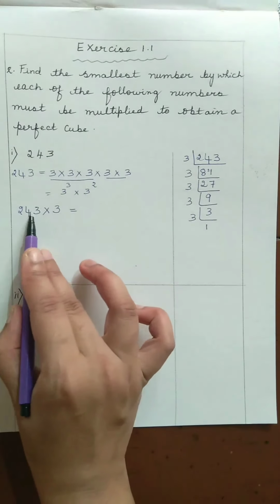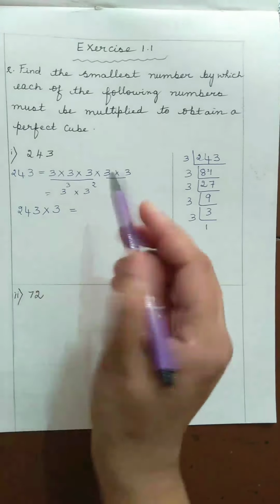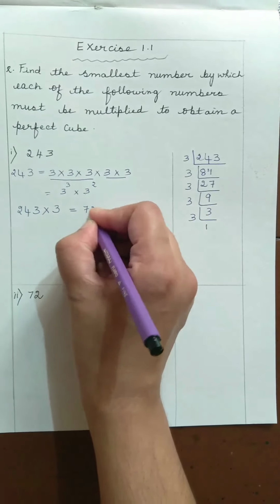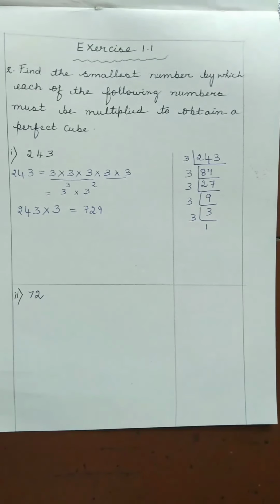So, when you multiply 243 into 3, we obtain 729. So, 729 is a perfect cube because 9 into 9 into 9. So, 9 when you multiply 3 times, you will obtain 729, which is a perfect cube.